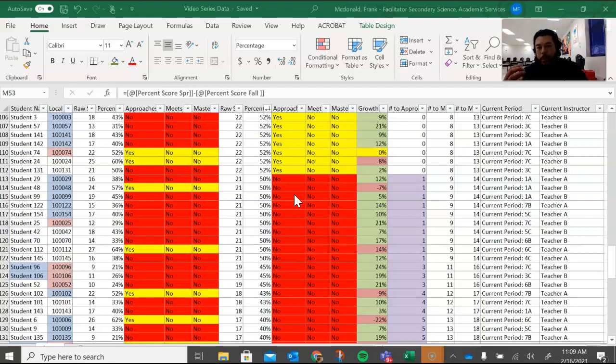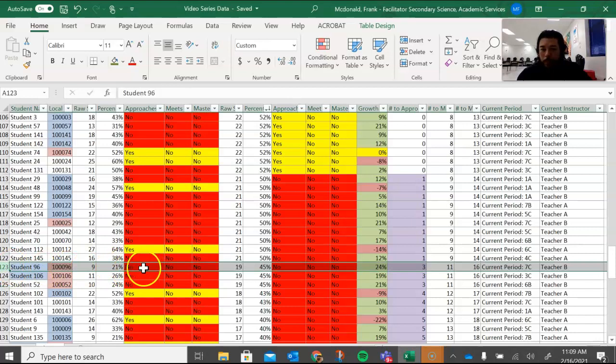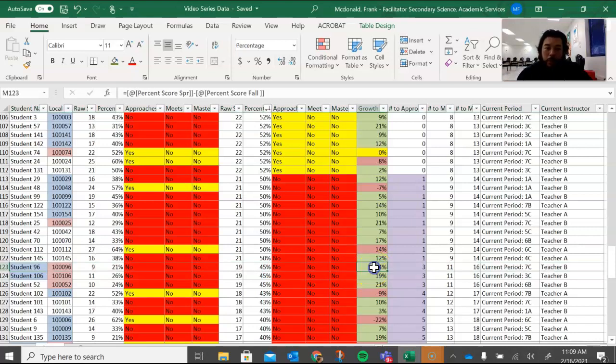We just see 3 no's compared to 3 no's, which can be disheartening for a teacher, for the student, but in certain situations, for example, student 96 here. This kid went from 3 no's in red color to 3 no's in red color. But in that time span, this student has grown 24 percentage points.